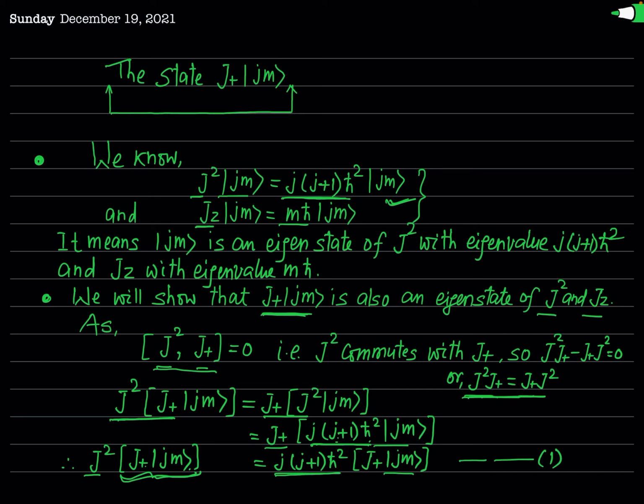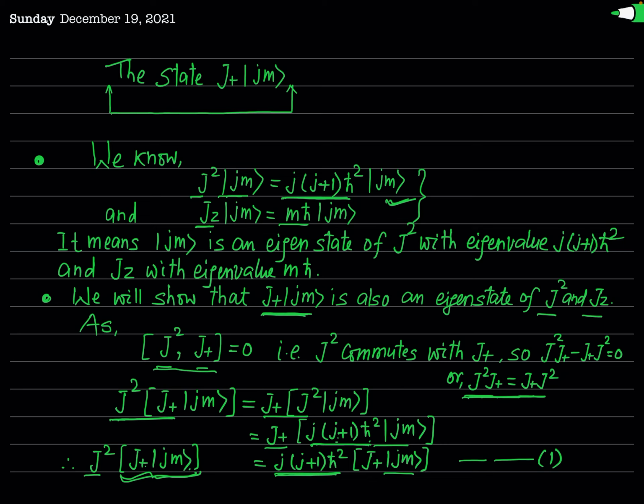So this is a very interesting result. When the eigenstate of the operator J squared is |j,m>, then its eigenvalue is j into (j plus 1) h bar squared, and also if the eigenstate of this operator is J plus |j,m>, even then you see that the eigenvalue of J squared remains the same, that is, it is again j times (j plus 1) h bar squared.